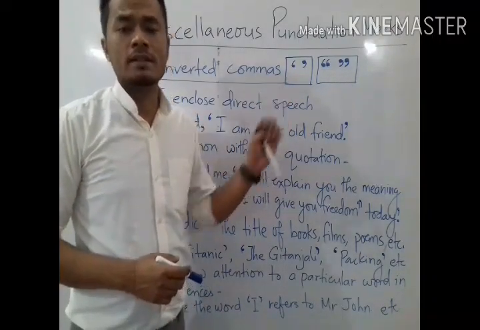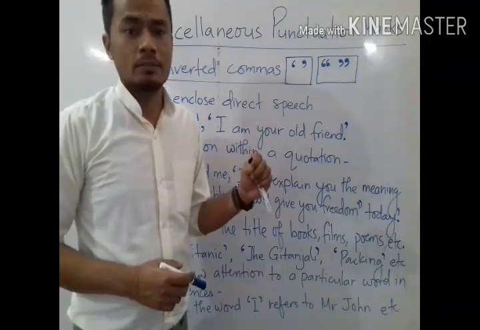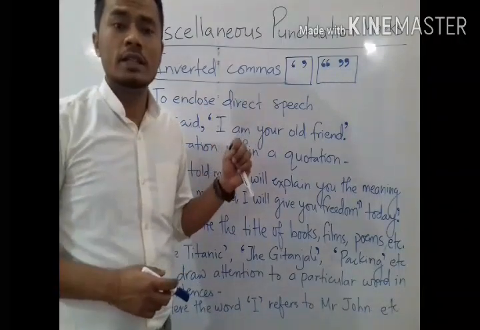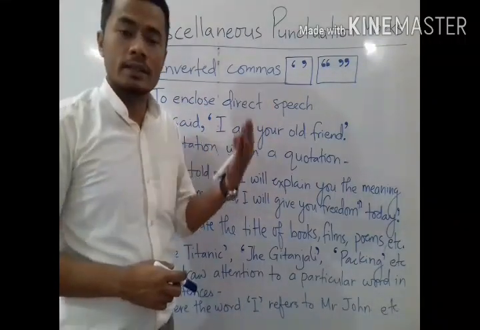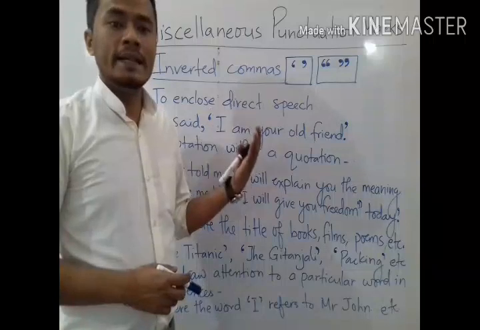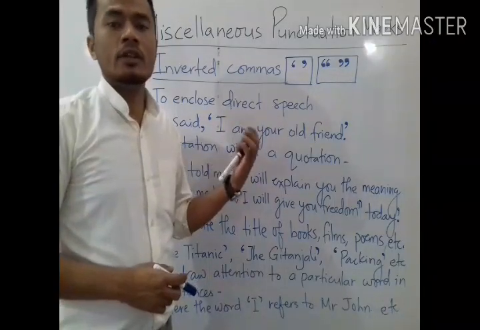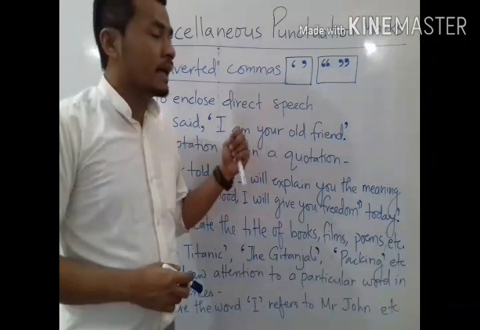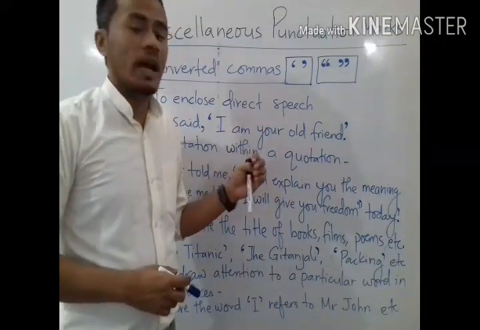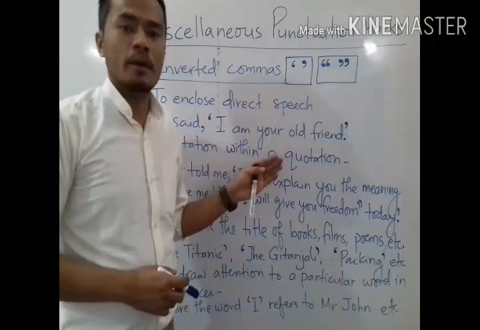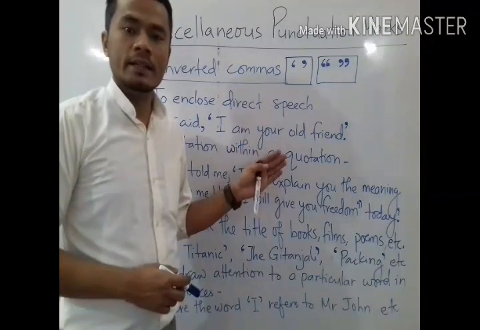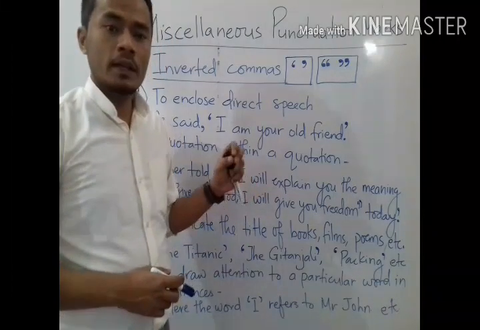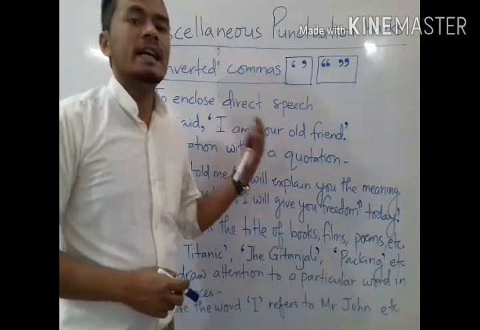So what are all these conditions? Let's discuss. Okay, first we have to understand how to use these inverted commas. See, while taking dictation, whenever your teachers are taking your dictation, at that time, if the teachers ask you to use inverted commas, you have to be ready, you have to be able to write inverted commas correctly. So your teachers will say single inverted comma.